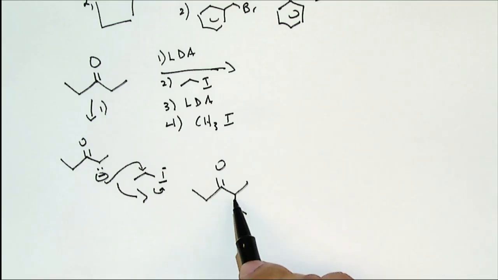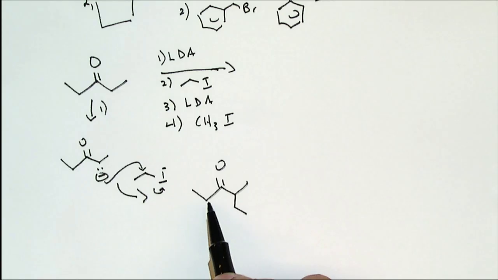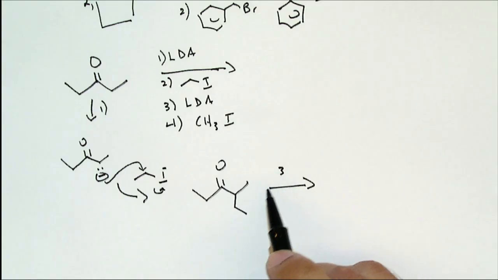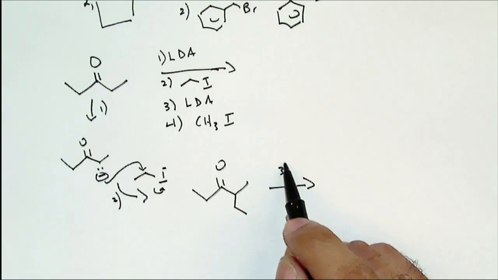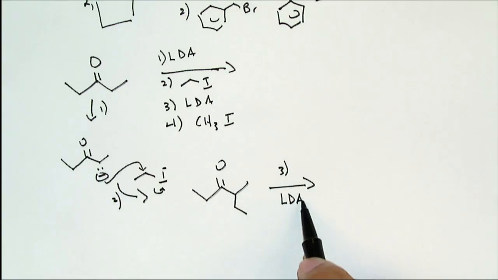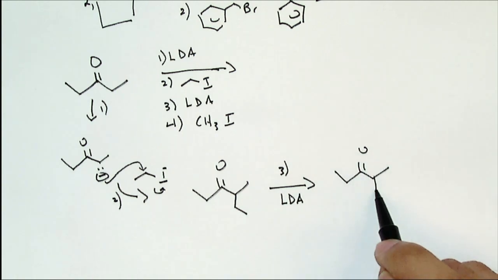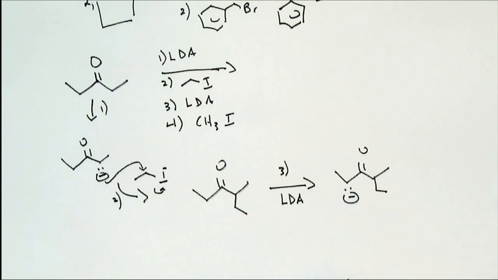But now there is, of course, a choice to be made between that substituted alpha position, more substituted, less substituted. So in step number 3, this is step number 2, in step number 3 I add LDA, and because that is a bulky base, I'm going to prefer to deprotonate at that position.